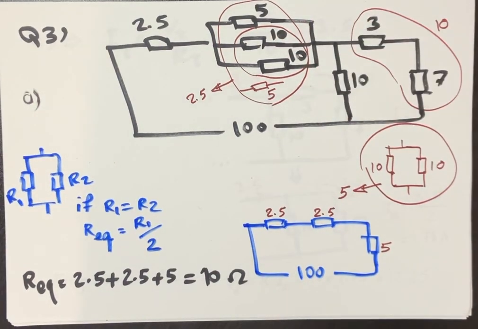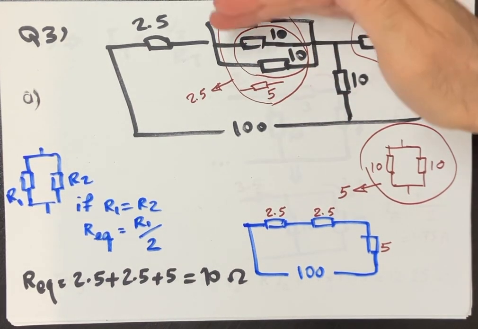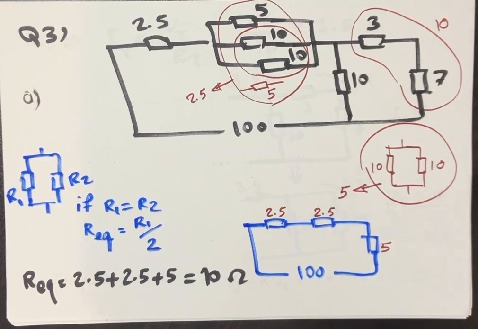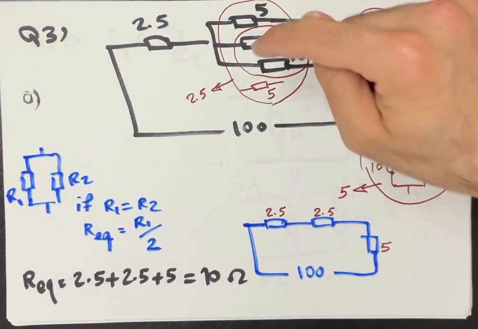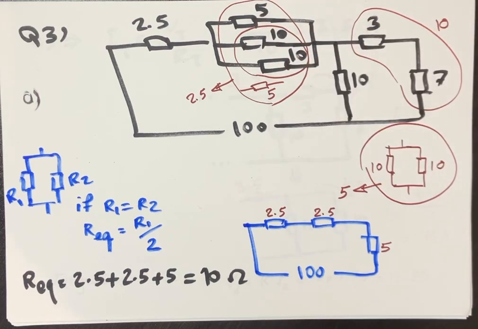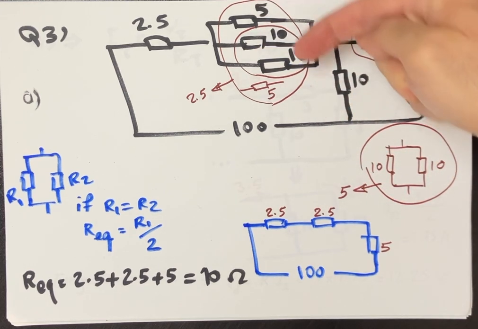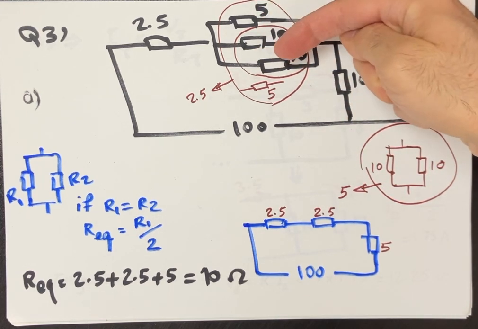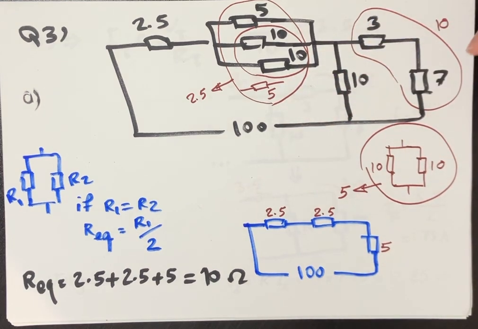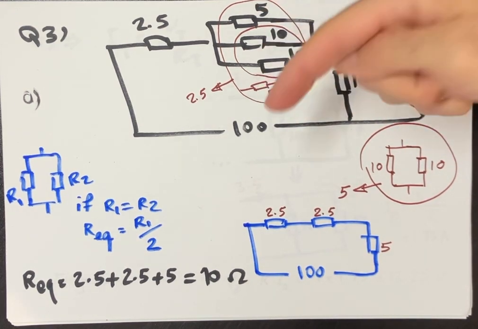Let's look at this part. A general formulation to calculate the total resistance of parallel resistors is that the inverse of the total resistor equals the sum of the inverse of each single resistor. But the other way is you can select a pair of resistors, replace them by an equivalent one, and then take another one which is parallel to them and do another operation for parallel resistors, and so on and so forth.